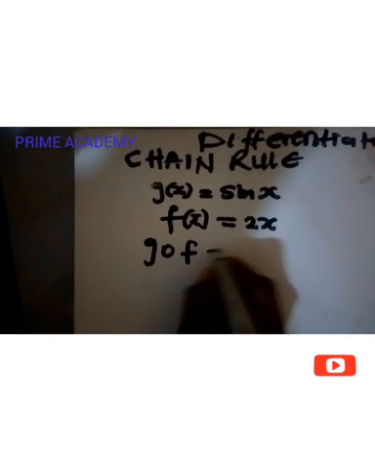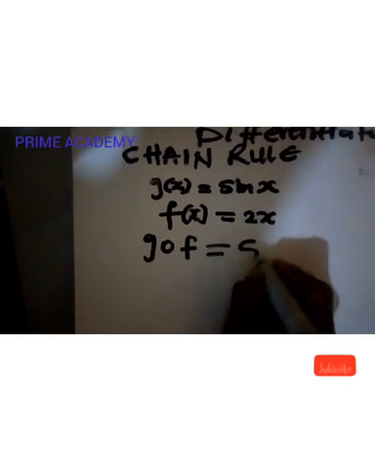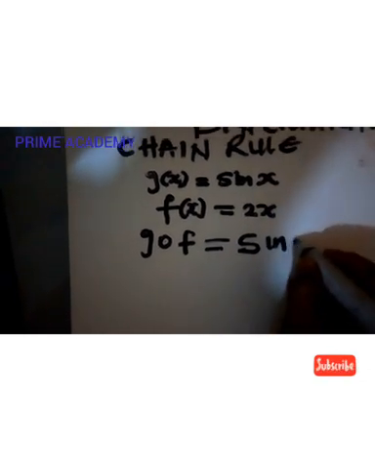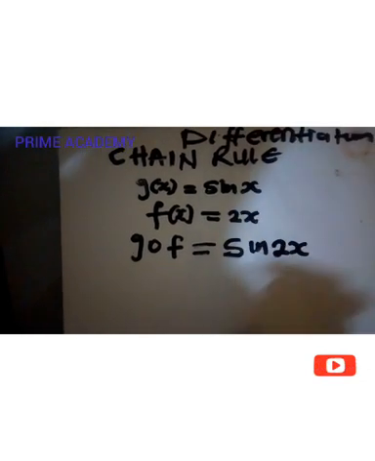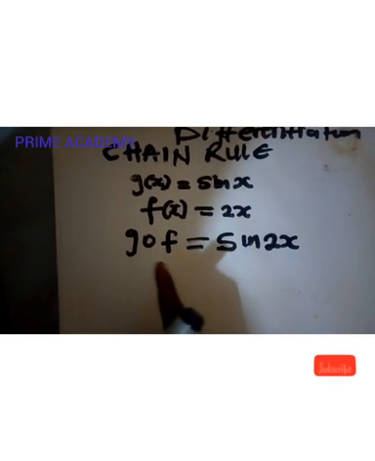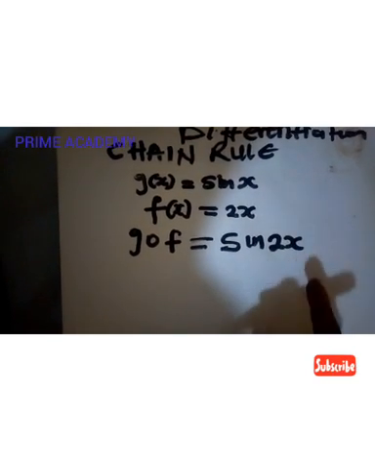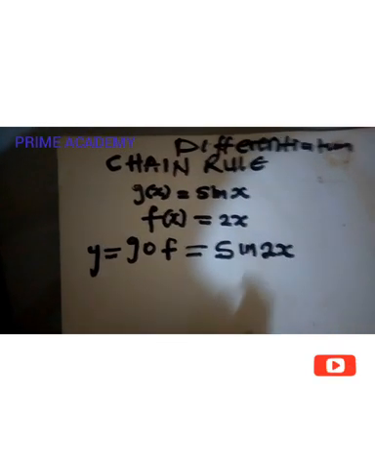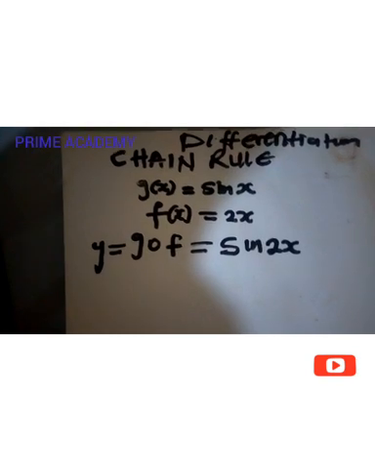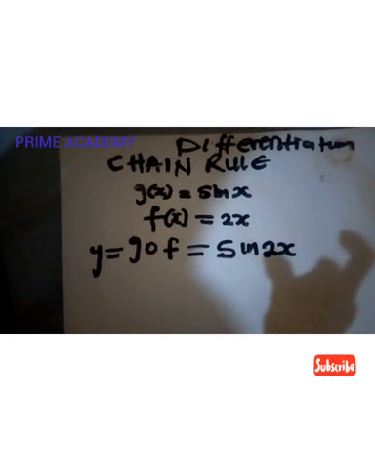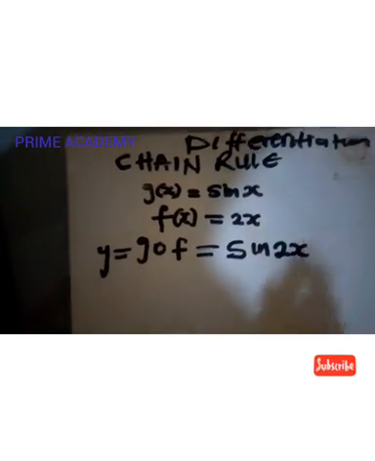So we would have sine, and in place of the x here we have 2x. So our new function, g of f, is equal to sine 2x. We may call this new function y.